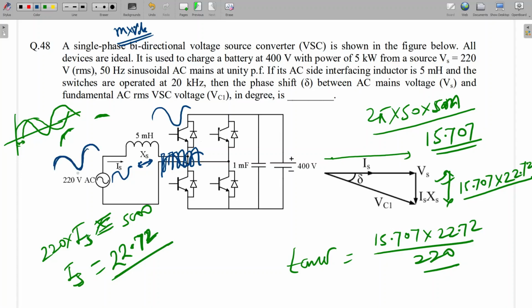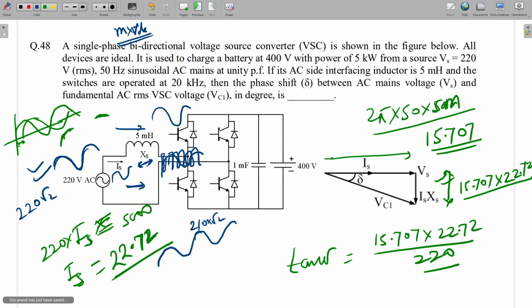Okay. If I want to inject reactive power, I will create a voltage such that the sine wave generated has lower magnitude than this one. If this is 220, 220 root 2 peak, and the fundamental value here is, let's say, 210 into root 2 peak, then if the peak is less here, reactive power will flow from here to here.